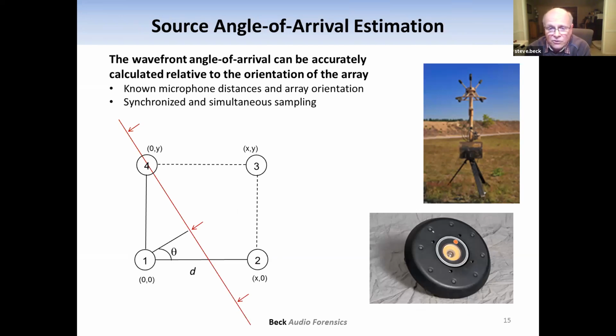I want to talk just very briefly about how you can find the direction of that source. So if we have a wavefront moving through an array, it's going to arrive at a particular angle. And by doing, again, time differences of arrival, you can estimate that angle.